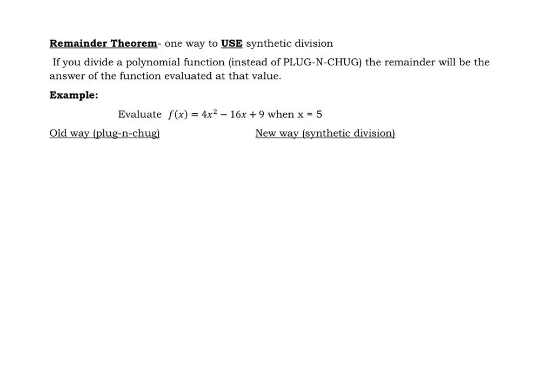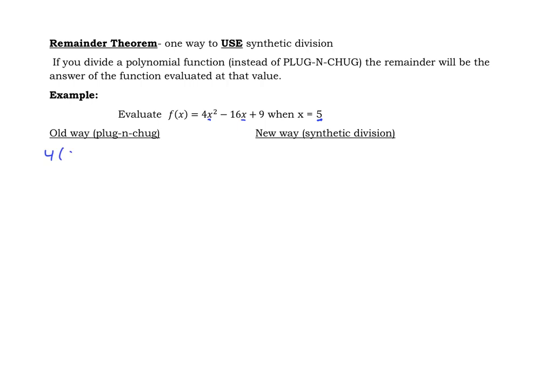Okay, so we can use synthetic division for a couple other things, and one is the remainder theorem. The remainder theorem says if you divide a polynomial, the remainder will be the answer of the function evaluated. So I'm going to show you the way we first learned it. The old way, which I call plug and chug, says everywhere there's an x, I'm going to plug in the 5.